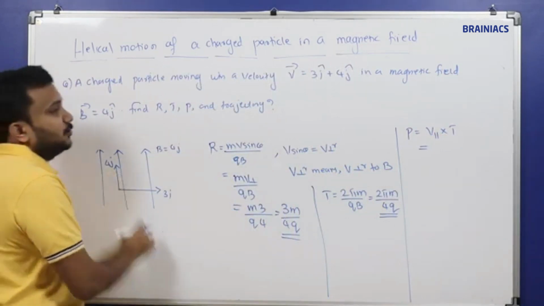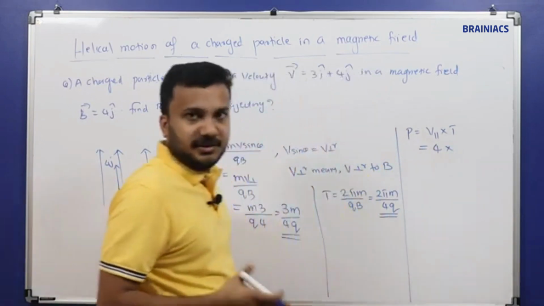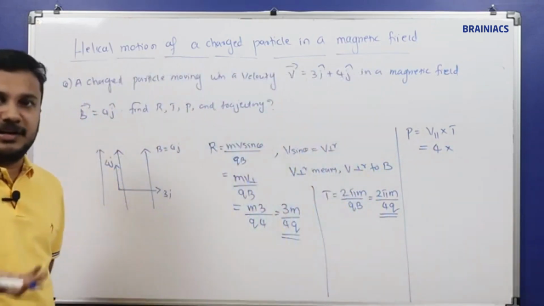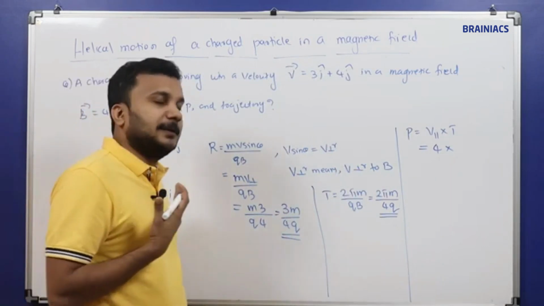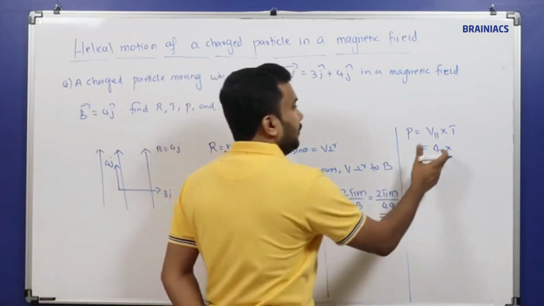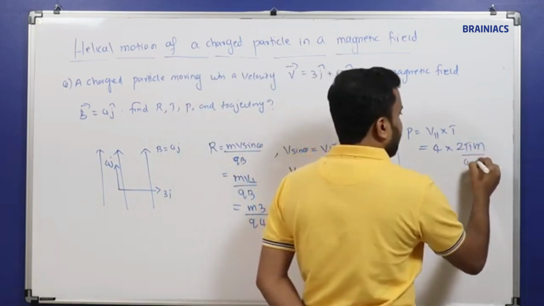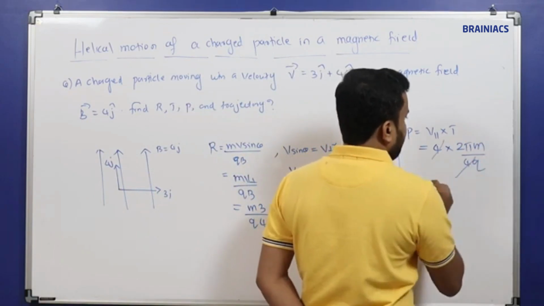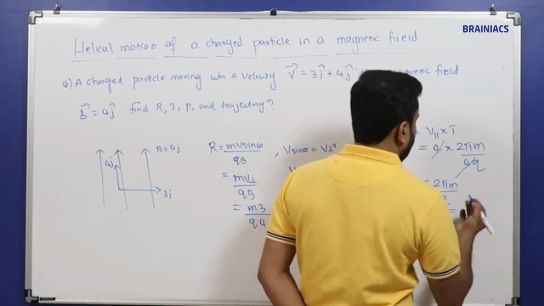It is 4j. j is the y direction: i, j, k means x, y, z directions. So 4 into the time period, 2πm divided by 4q. The 4 and 4 cancel, and you get 2πm divided by q.